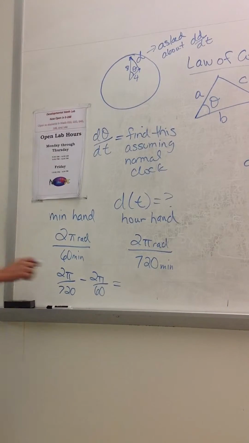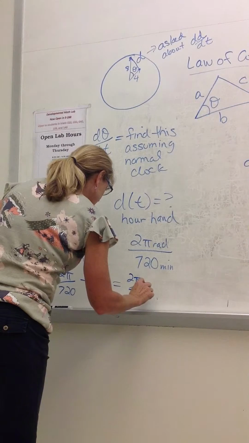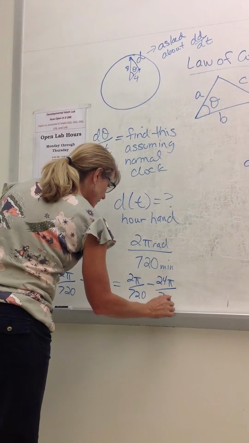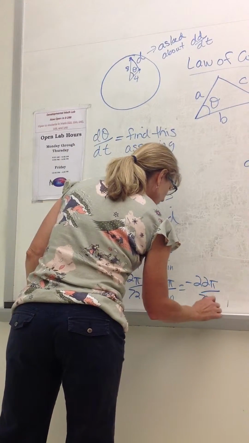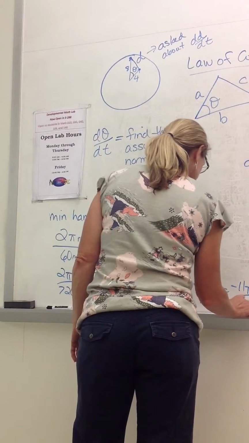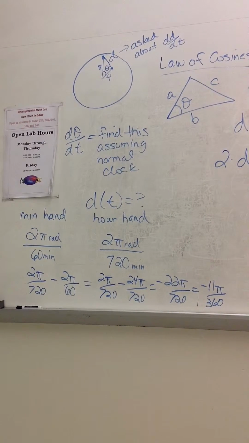But technically, I would get 2 pi over 720 minus 24 pi over 720, which would give me negative 22 pi over 720, which is negative 11 pi over 360. Okay, so that's d theta dt. And we'll plug it in a minute, but I'll wait till I get everything before I plug this up.